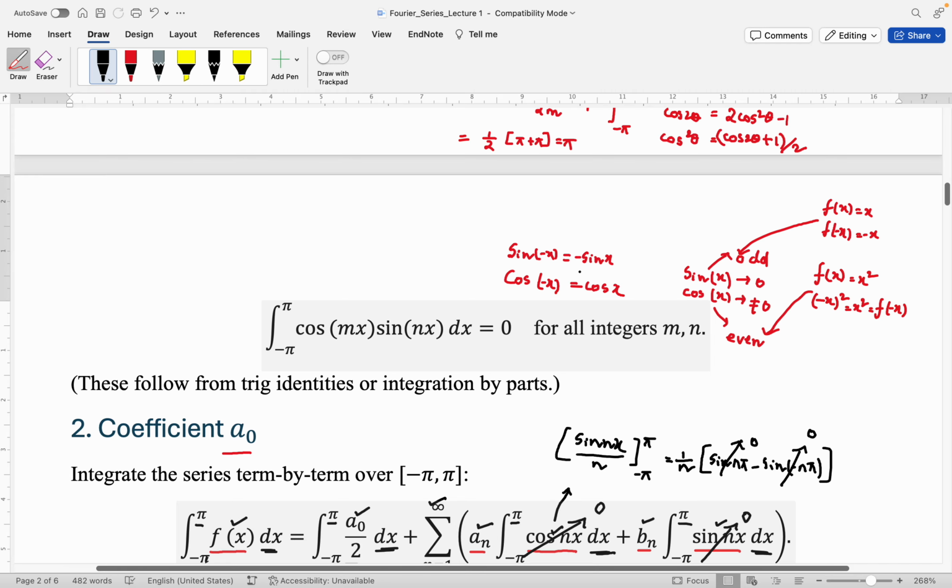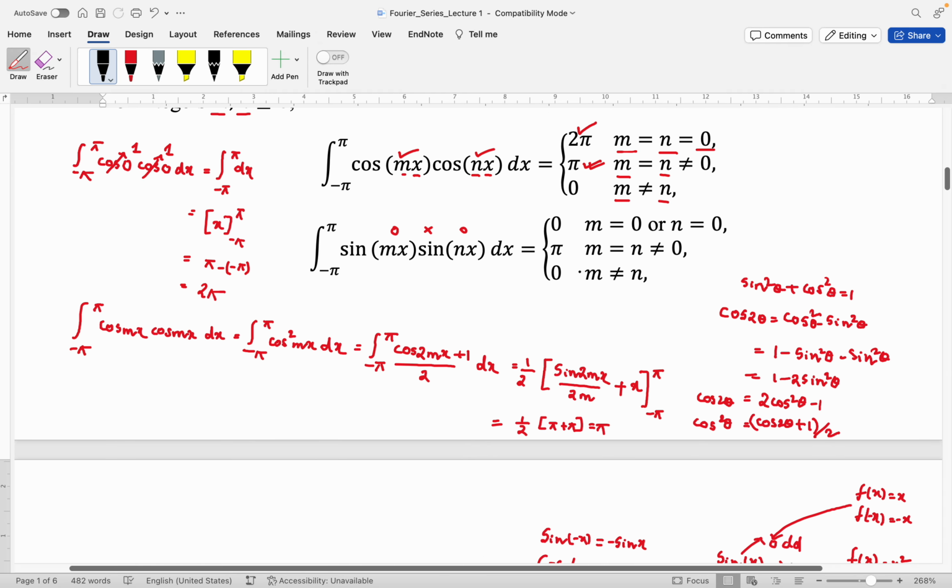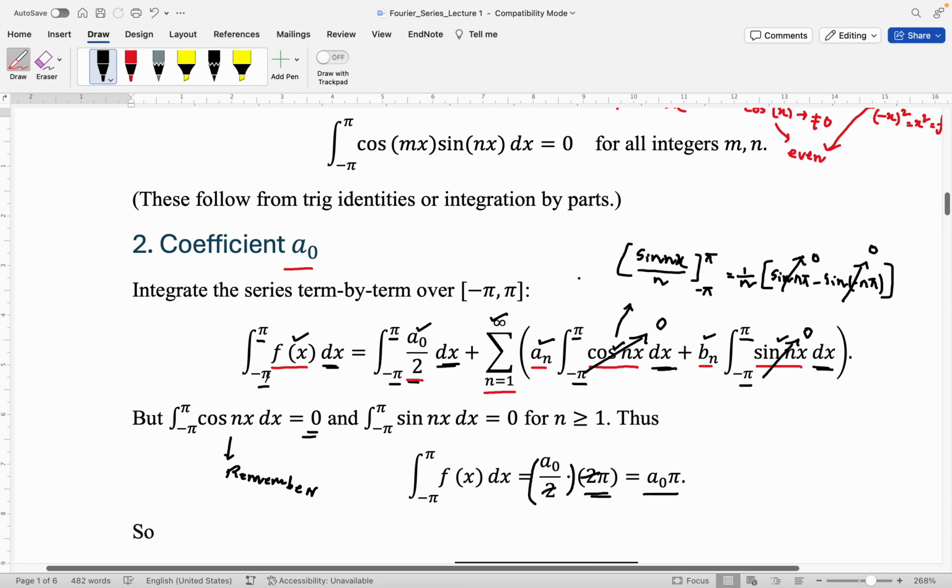And if m is equal to n, and both of them are equal to 0, then it is 2 pi. But if you look into the series, the n value does not start from 0, because obviously sine of 0 is 0, so that term vanishes. So n does not start from 0, n starts from 1. That is one condition.